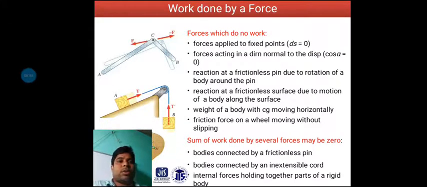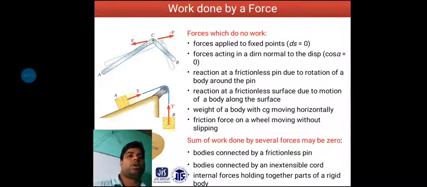And the weight of a body with its CG moving horizontally, and the friction force on a wheel moving without slipping. The sum of the work done by several forces may be 0.